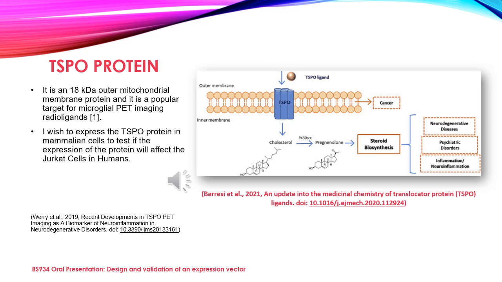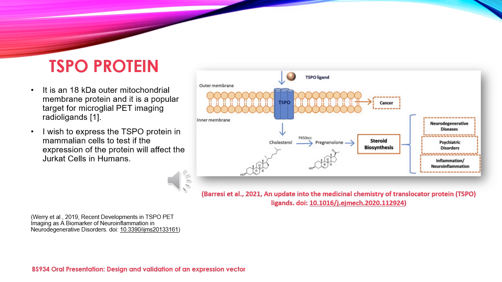My name is Aboyade-Cole and I'm here to present my PCR product, which is TSPO protein, for the design and validation of an expression vector. TSPO is an 18-kDa outer mitochondrial membrane protein, which is responsible for sterol biosynthesis in eukaryotic cells mainly, and as well it regulates the heart rate and contractile force by its interaction with its voltage-dependent calcium channels in cardiac myocytes.